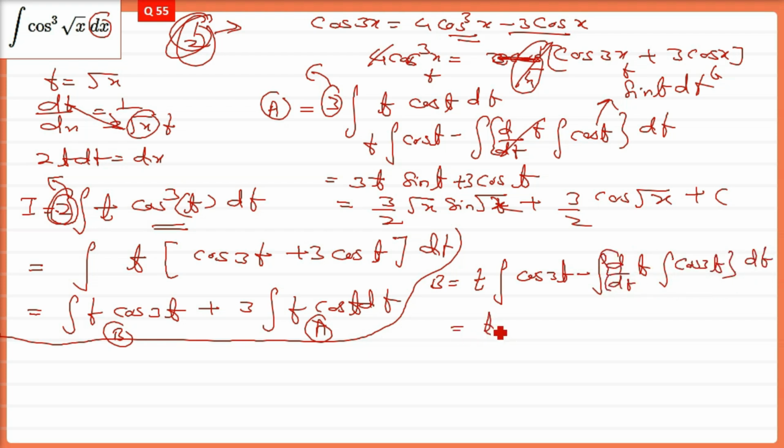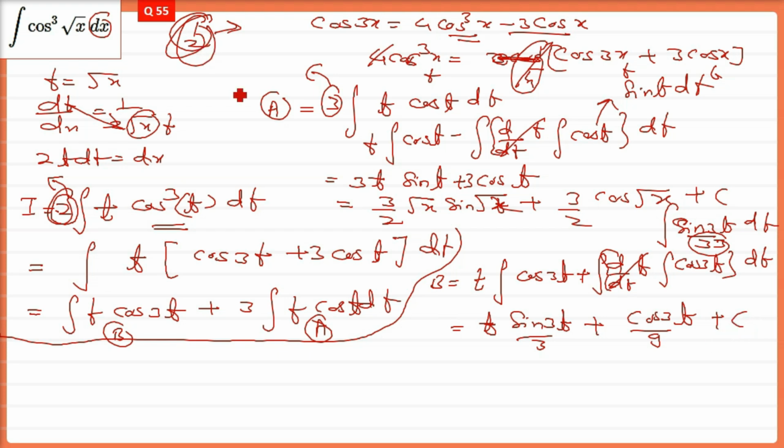So this will be t, cos 3t integrates to sin 3t divided by 3, because you have to differentiate 3t and that has to be put in the denominator. d by dt of t will be 1, cos 3t will give you sin 3t by 3, which we have already done just now, and then again integration will be done. Sin 3t will be negative cos 3t divided by 3. So it will be negative cos 3t divided by 9 plus constant of integration, and multiply by half. So 3 times 2 is 6, 9 times 2 is 18 here.